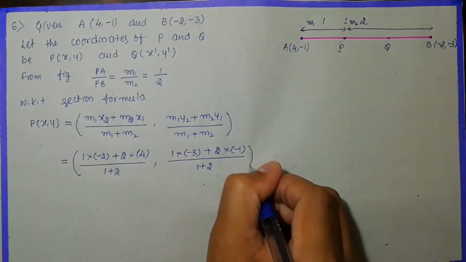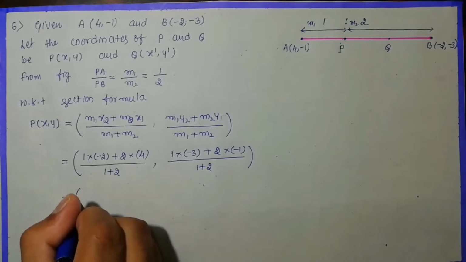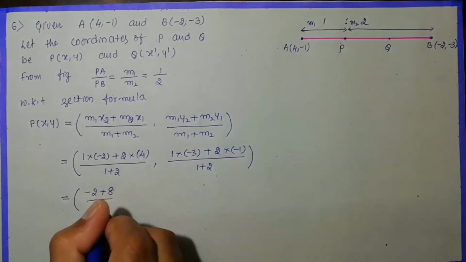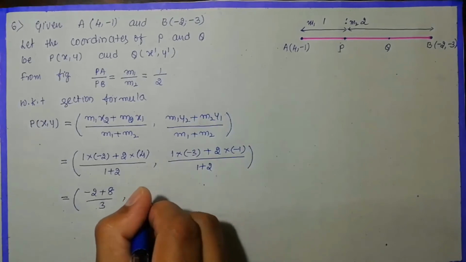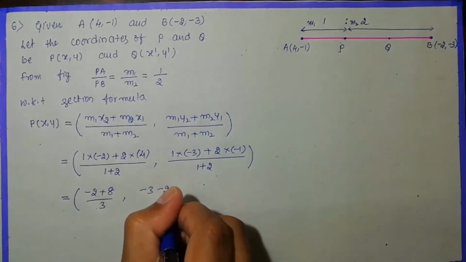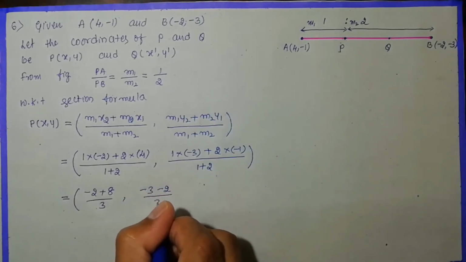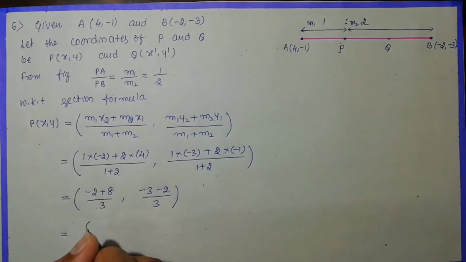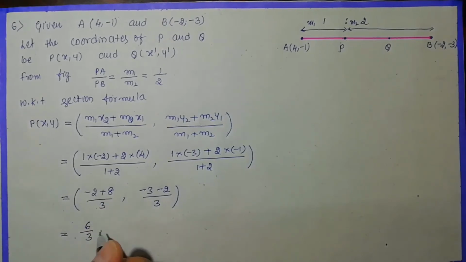So now simplification: (-2 + 8) divided by 3, comma, (-3 - 2) divided by 3. So -2 plus 8 will become 6 divided by 3, comma, here -5 divided by 3.